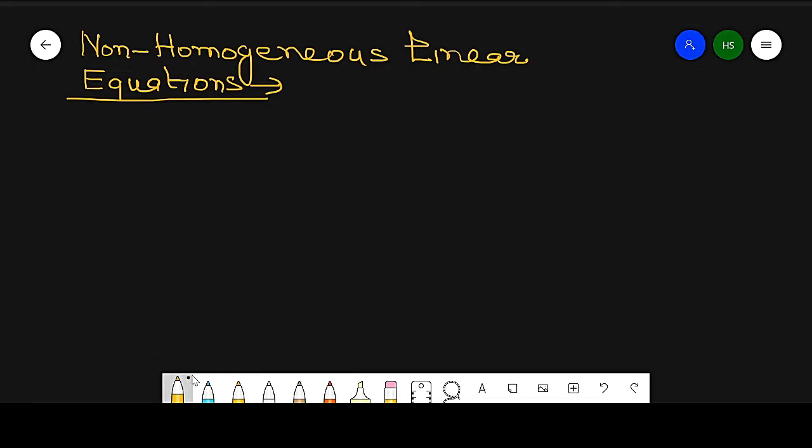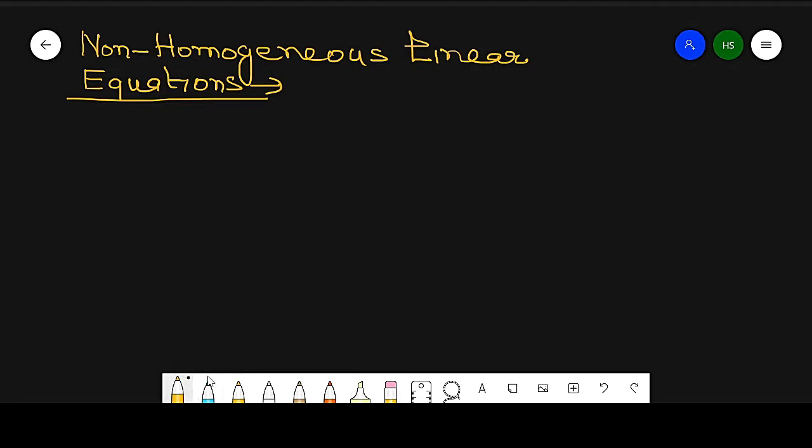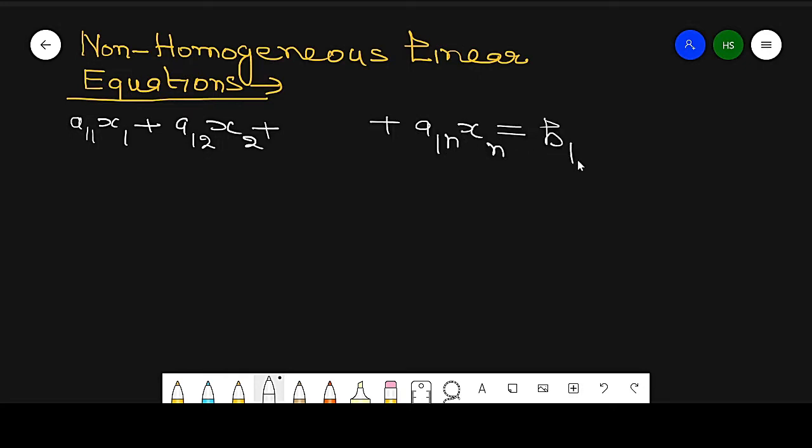Now for example, if I am writing this in this way, a11 x1 plus a12 x2 and so on up to a1n xn, which is equal to b1. So this is the first linear equation.